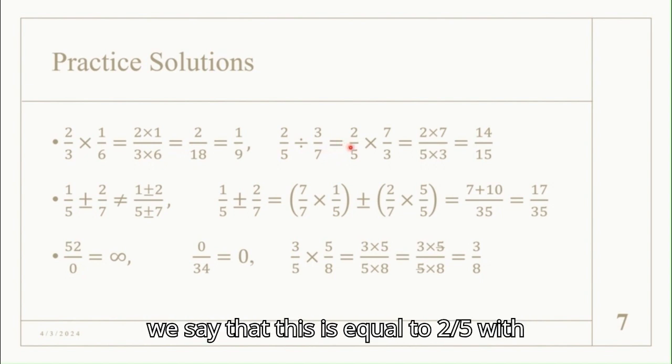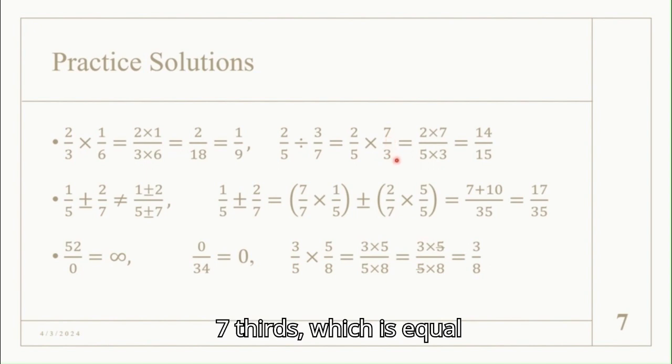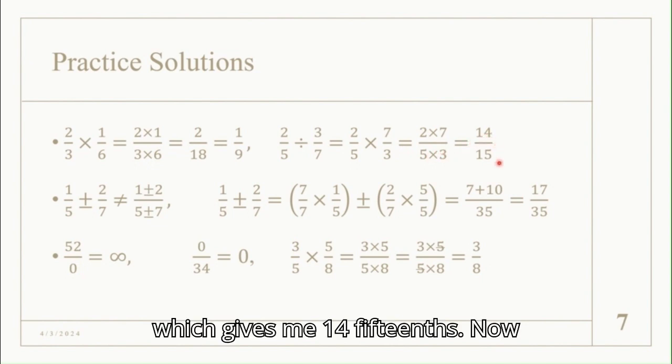And so we say that this is equal to 2/5 times the second fraction flipped, 7/3, which is equal to 2 times 7 divided by 5 times 3, which gives me 14/15.